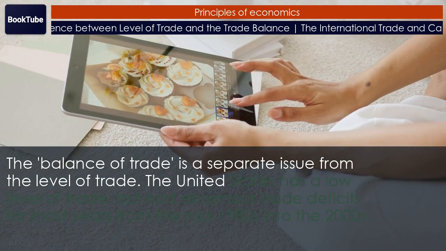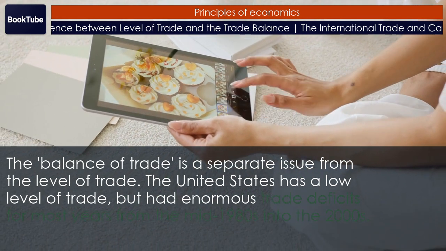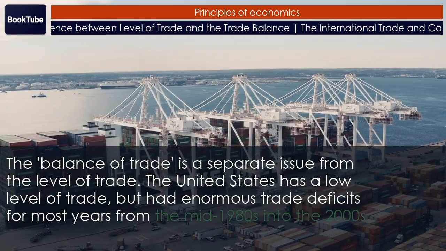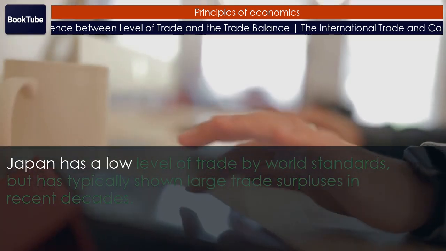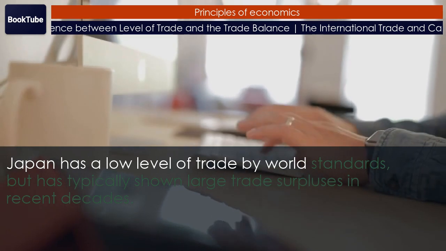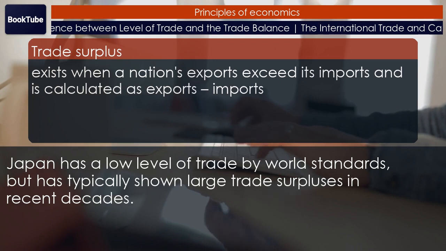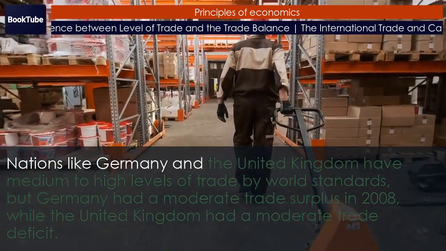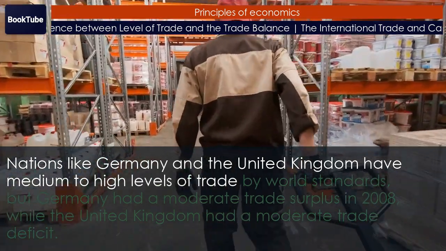The United States has a low level of trade, but had enormous trade deficits for most years from the mid-1980s into the 2000s. Japan has a low level of trade by world standards, but has typically shown large trade surpluses in recent decades. Nations like Germany and the United Kingdom have medium to high levels of trade by world standards.